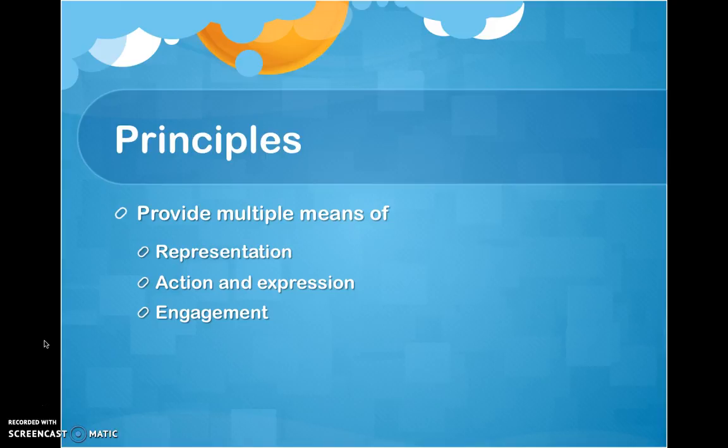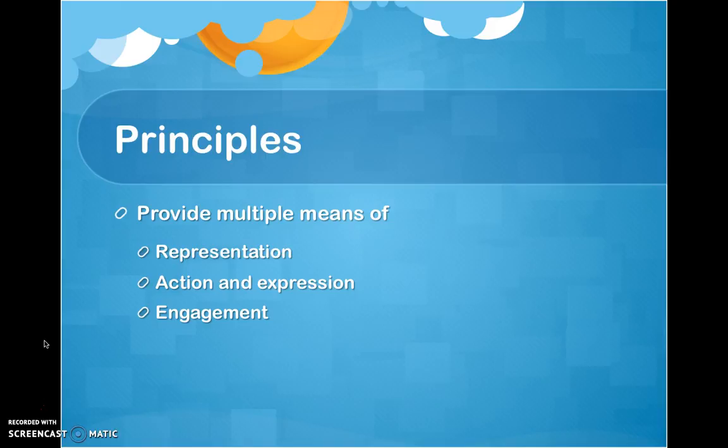So you want to provide multiple ways first for students to be able to view or listen to or watch or engage with the material that is being taught to them. And then the second one, students need to be able to act or express themselves in multiple ways as well.